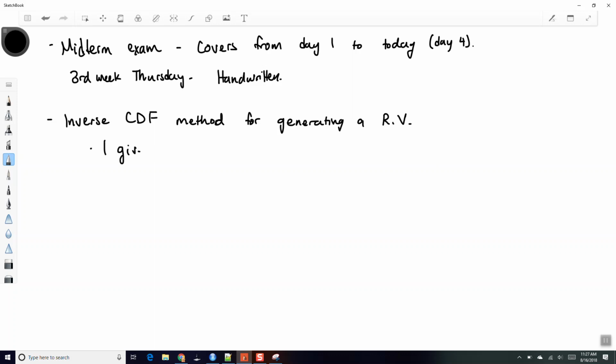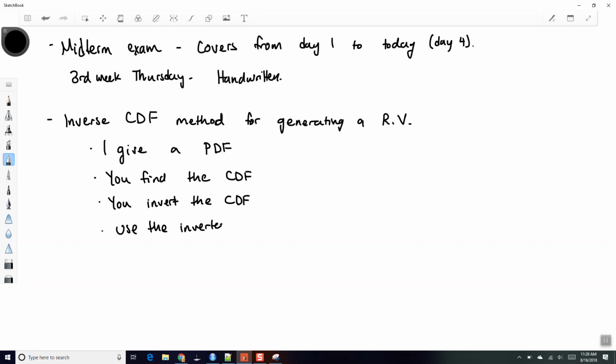So basically I give a PDF, and then you find the CDF, and then you invert the CDF, and use the inverted CDF to turn U, drawn from uniform 0, 1, to X. All right.